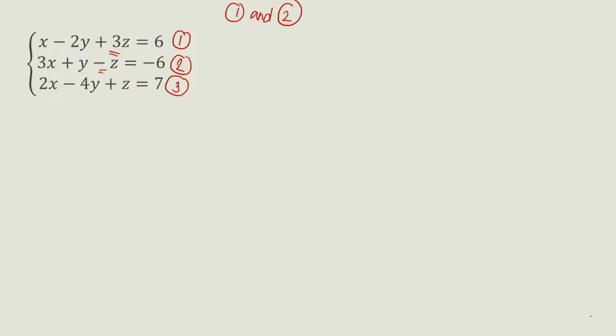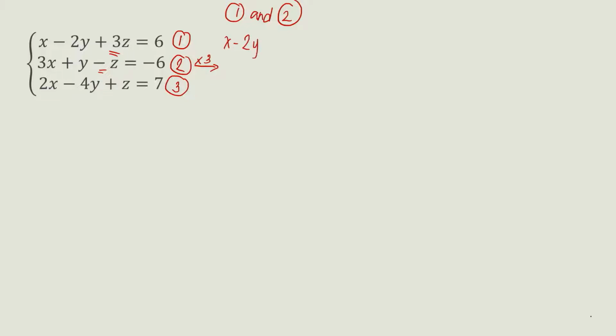So I will multiply 3 to my second equation. If I do that, my z here will be negative 3z, and then I can just perform addition and eliminate z. So let me copy the first equation. We don't need to perform any additional operation there.